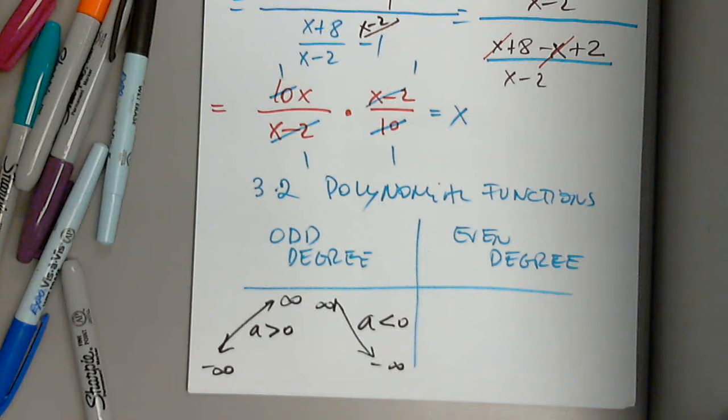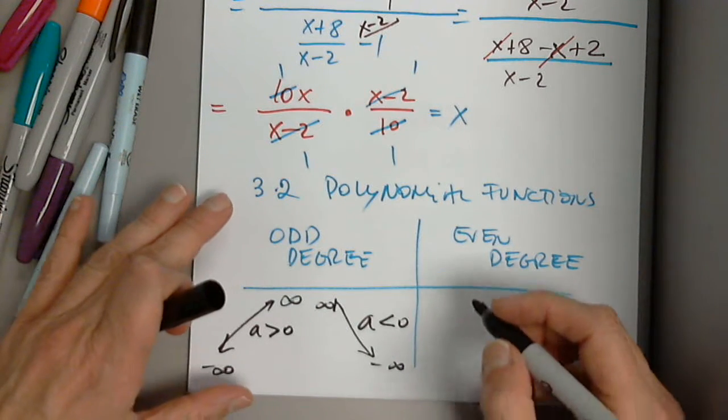What about even degree? Can you give me the simplest possible even degree function that you can think of? Right. So what are the options for x squared? This with what type of leading coefficient? Positive, right? And this, negative. That's it. All the even degree functions will follow the exact same pattern.